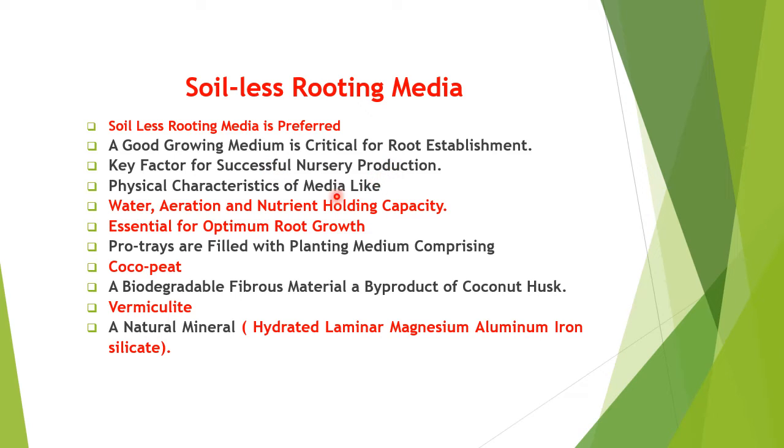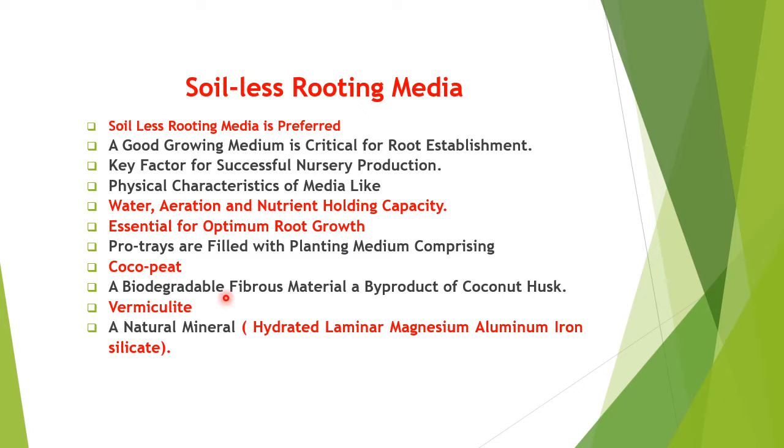It should have certain characteristics like good water holding capacity, good aeration and nutrient holding capacity, which is essential for optimum root growth. So pro trays are filled with planting medium comprising coco peat or vermiculite.